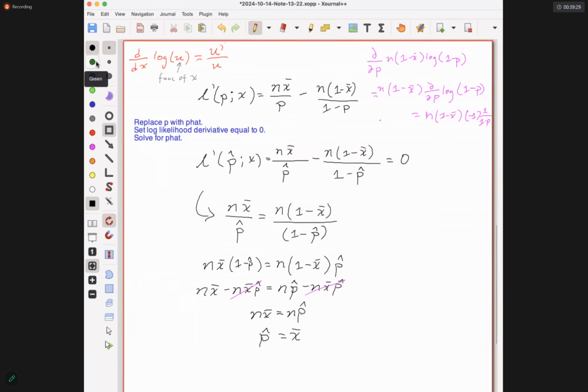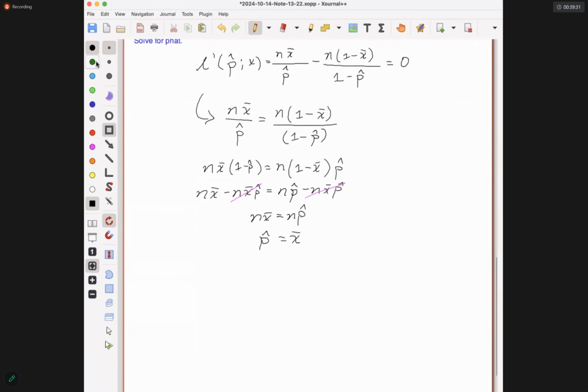Okay, now we haven't shown that this is quite the maximum likelihood estimator yet, because we don't know whether it's a maximum or a minimum.